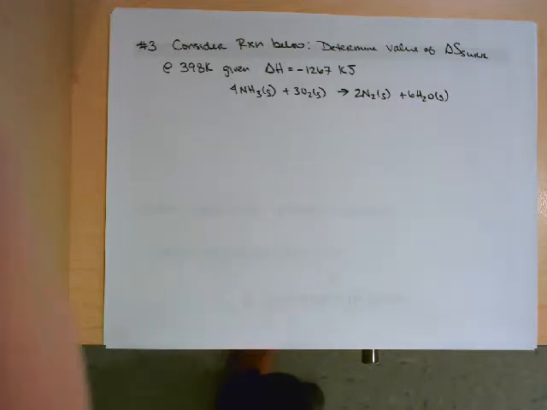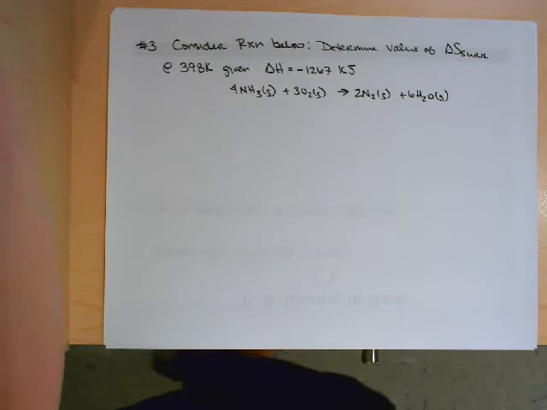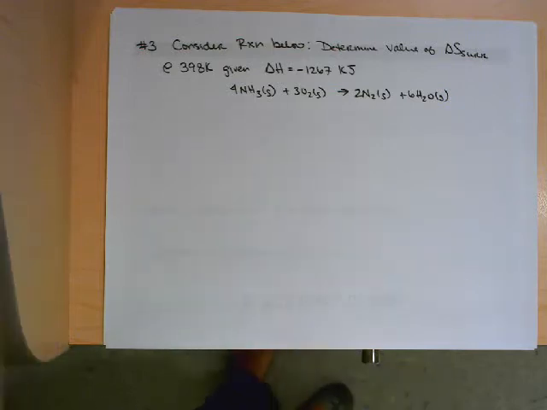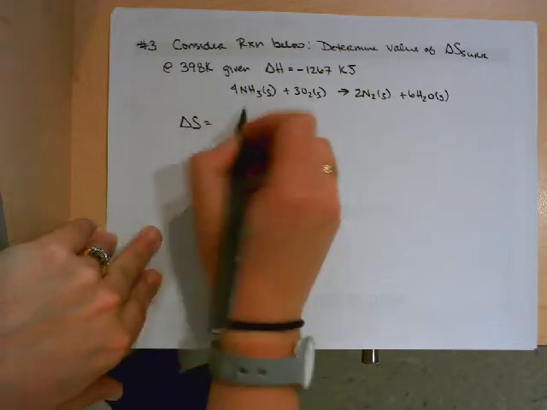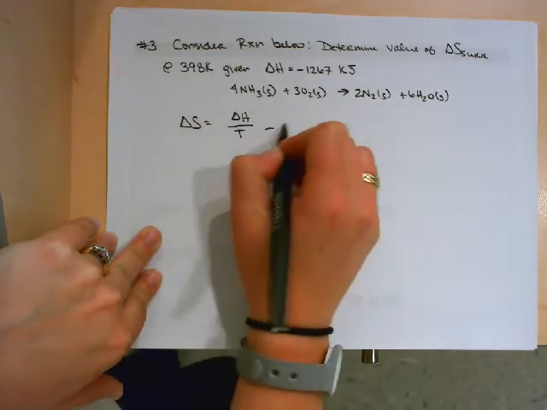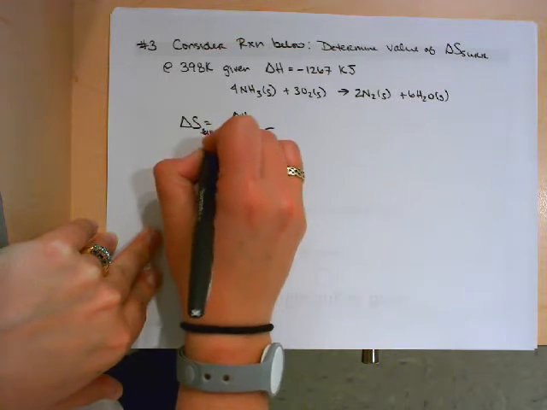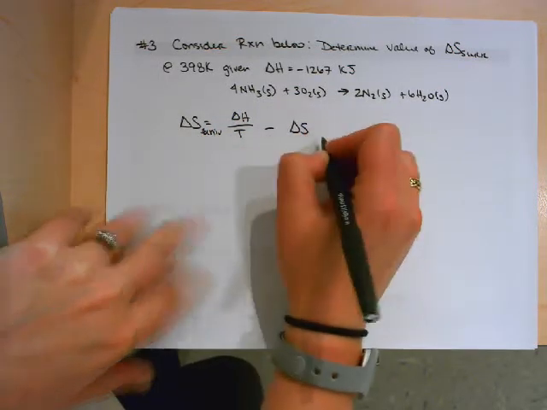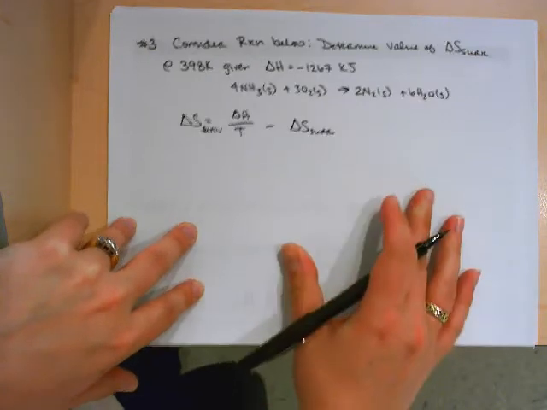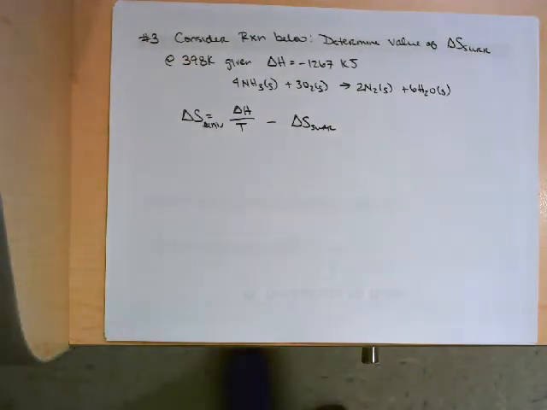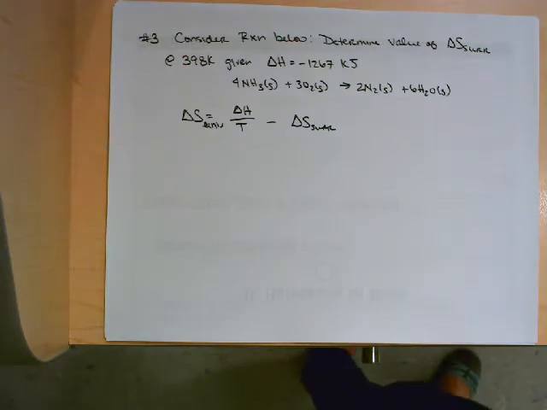Alright, so if you're given Kelvin and you're looking for delta S of the surroundings and some temperature, what sort of equation do I need to use to get these to all work together? So you have this equation, and you're looking for delta S, because it seems like you don't have enough information, right?